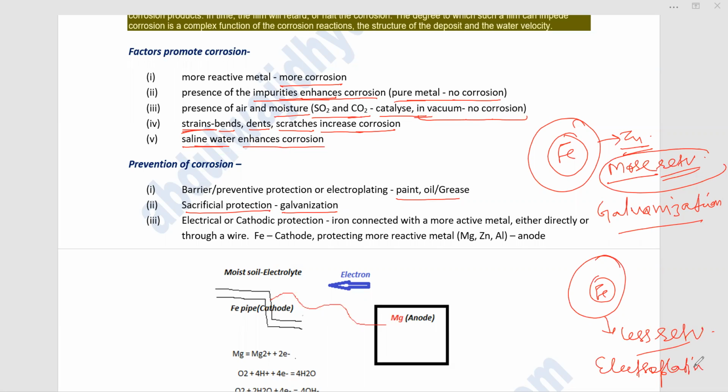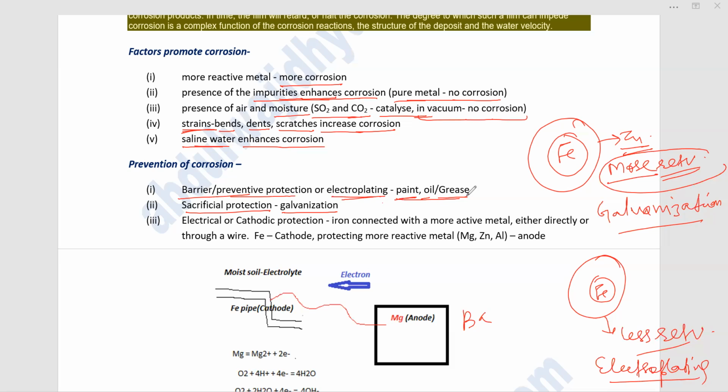If it is a more reactive metal, then galvanization. Electroplating is barrier protection. You can do it even by painting it or oiling it or putting grease on it. In this way, you can save metal from getting corroded.